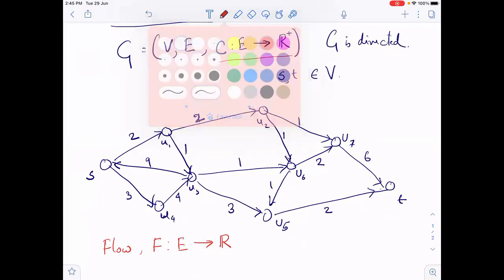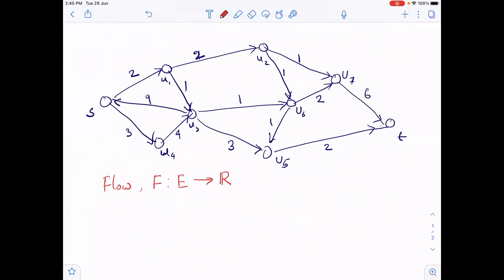And what we want is a flow on the set of edges, and it has to have 2 properties. Number one, if for a particular edge the maximum capacity is C of E, meaning this is the amount that you can pass through that edge, then you should flow less than or equal to that amount through that edge. This is also always greater than or equal to 0. So you cannot send more flow through an edge than its capacity.